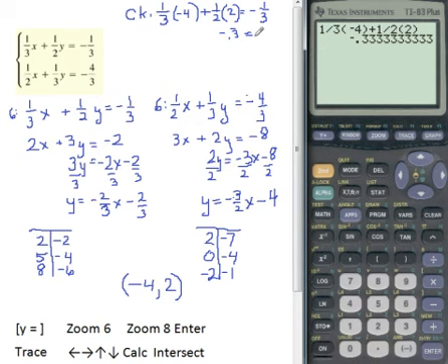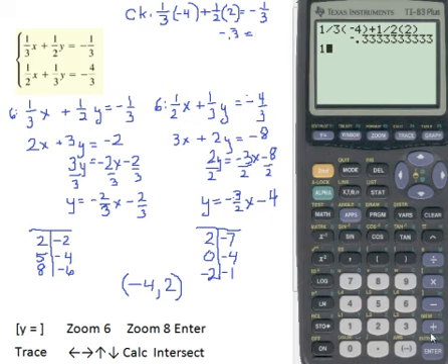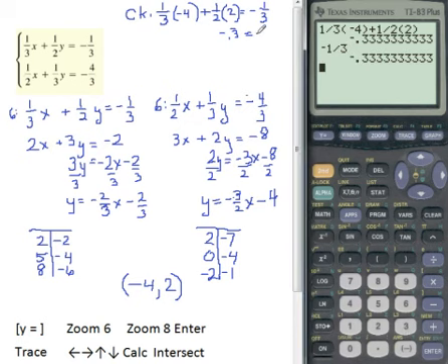And on the other side we have negative 1/3. Negative 1 divided by 3, enter, which is also negative 0.333. We just write it there. So it checks in the first one, it makes both sides equal.